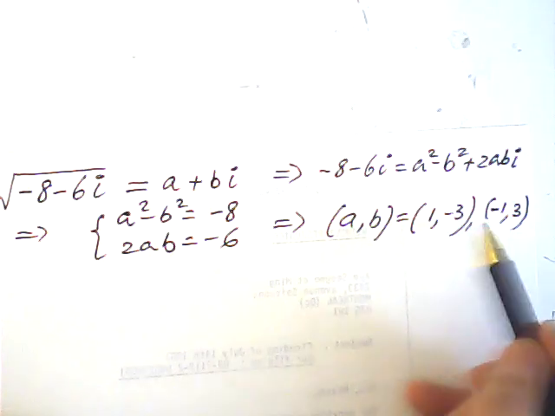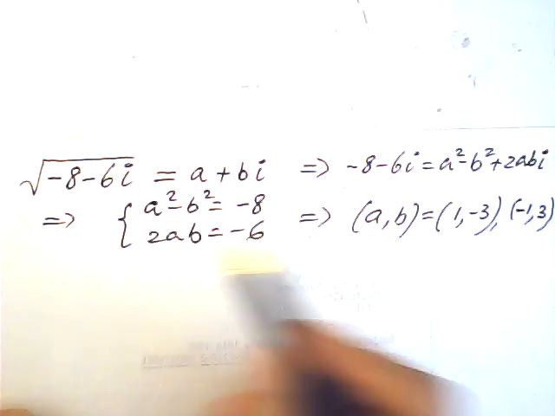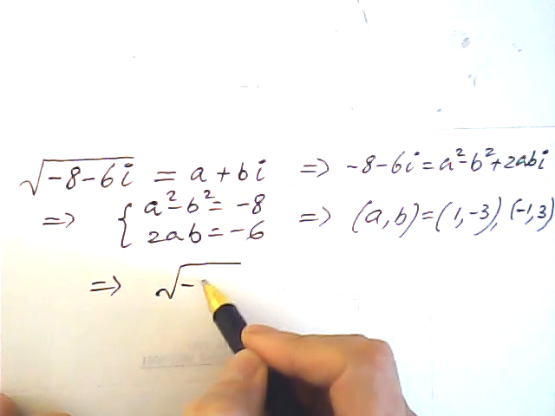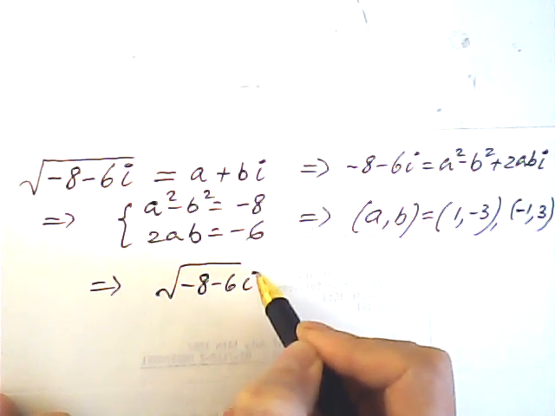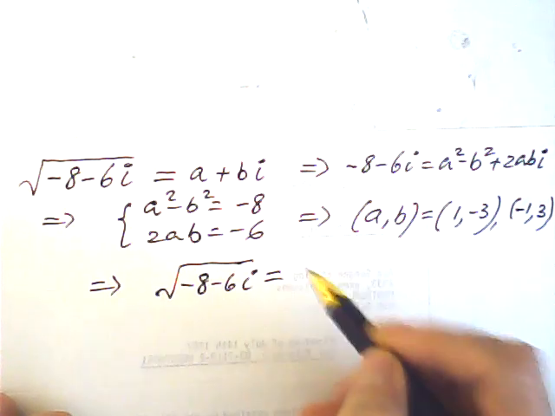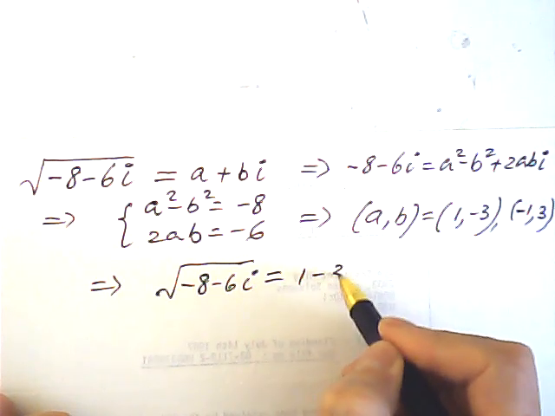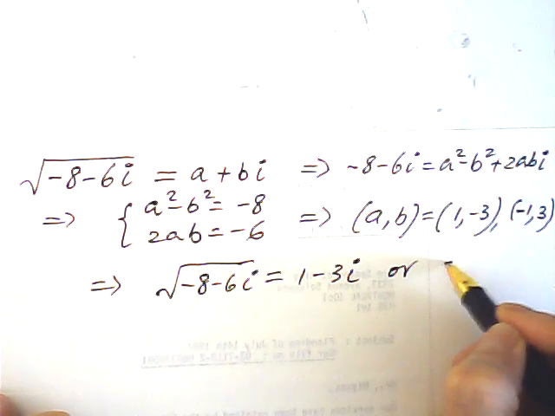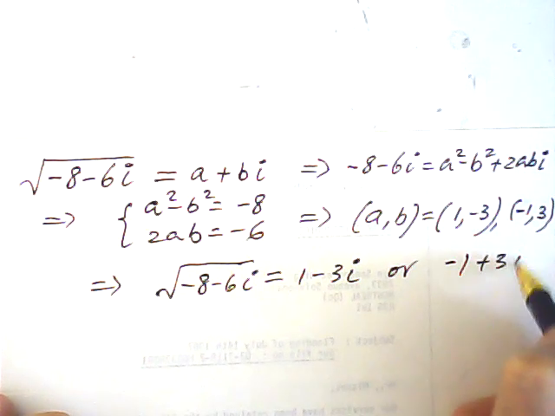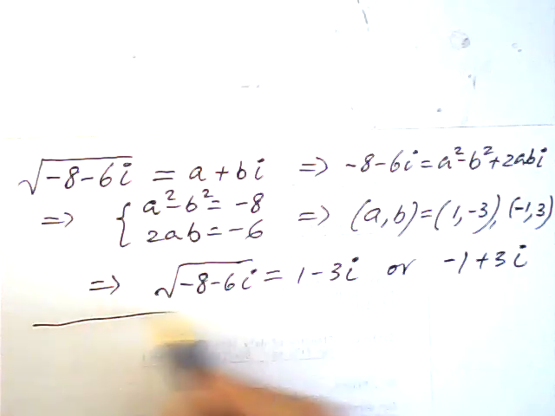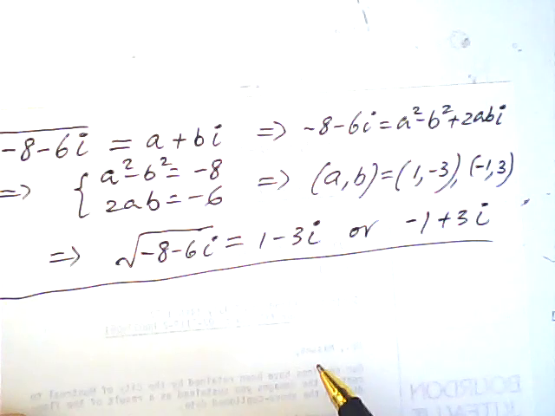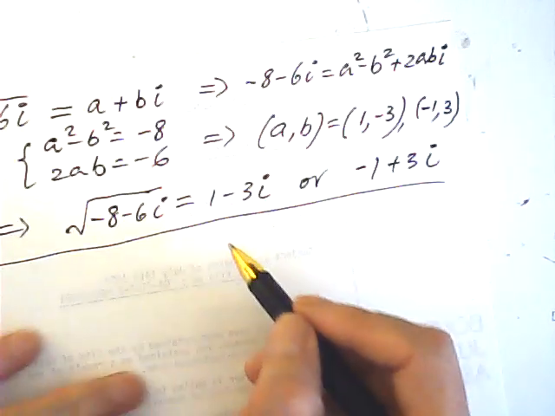You have two answers, right? So which means that the square root of -8 minus 6i is equal to 1 minus 3i, or -1 plus 3i. Okay, that is the first method. Not really difficult.